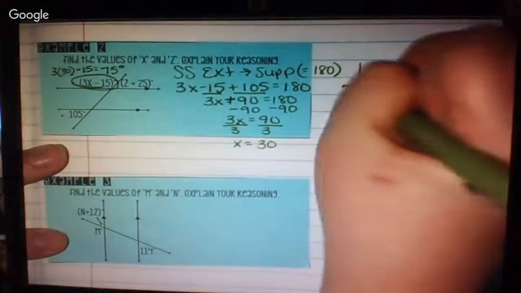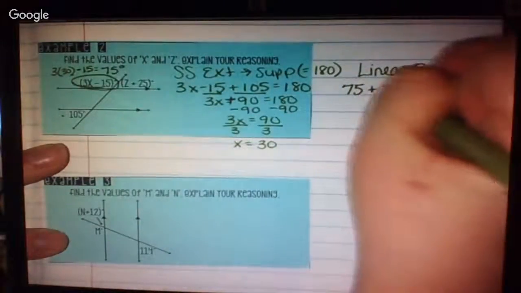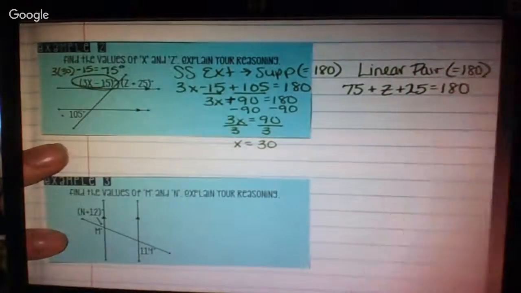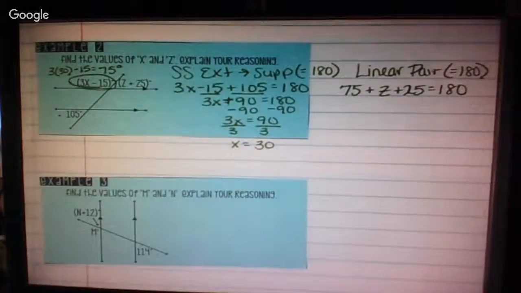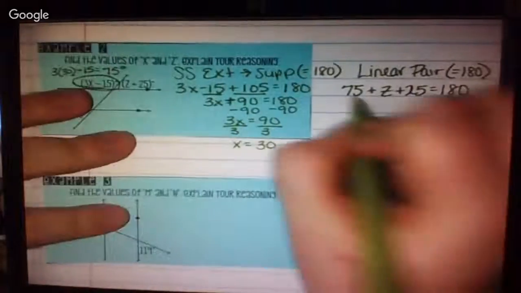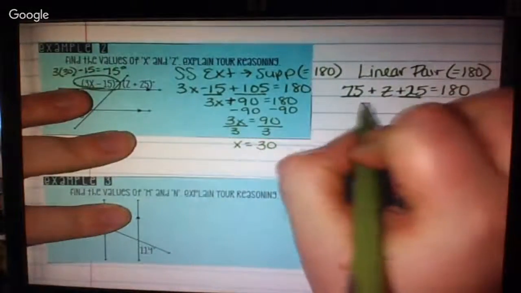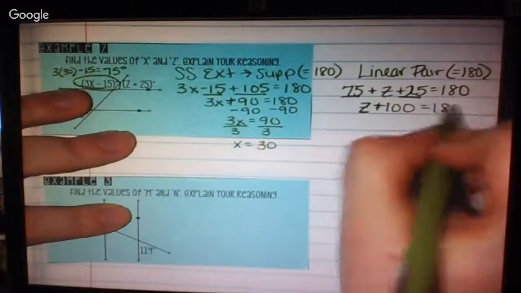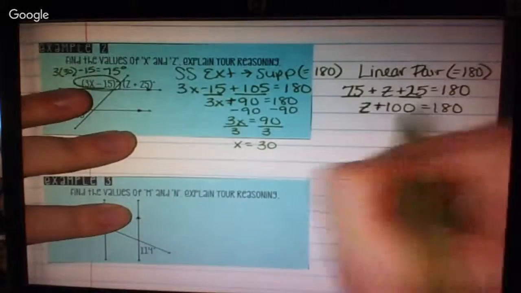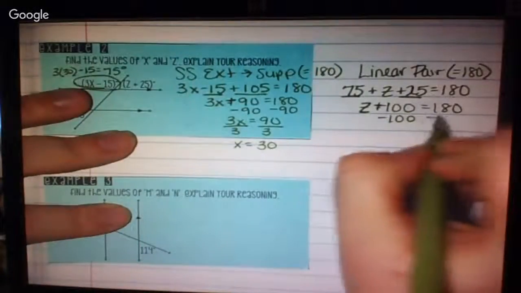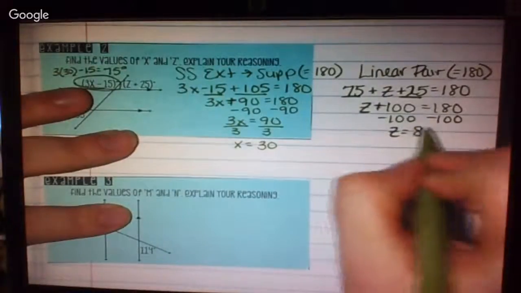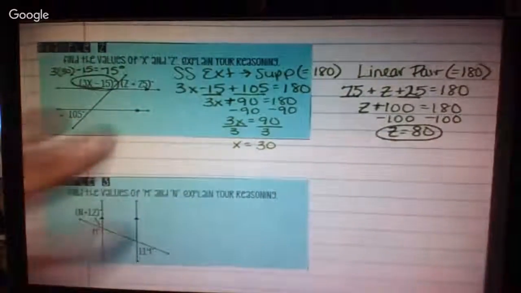So 75 plus z plus 25 equals 180. Combine your like terms. So z plus 100 equals 180. Subtract 100, which means z equals 80.